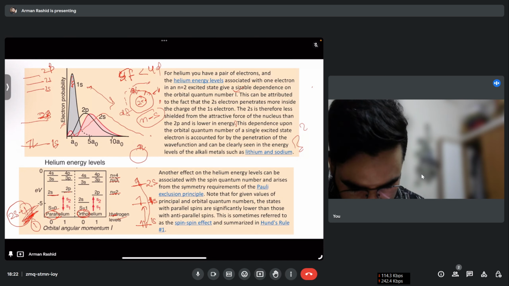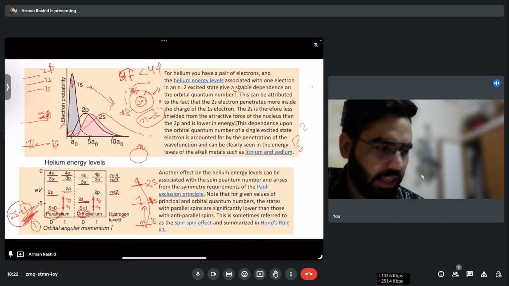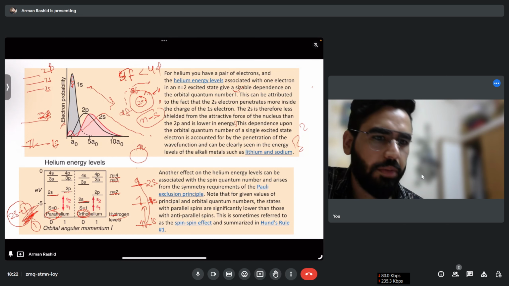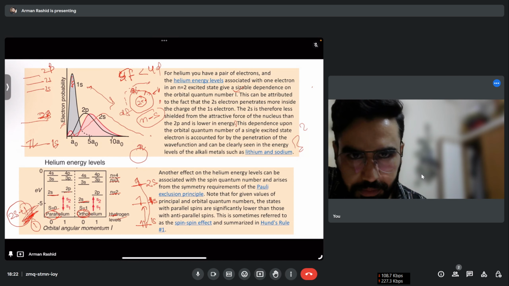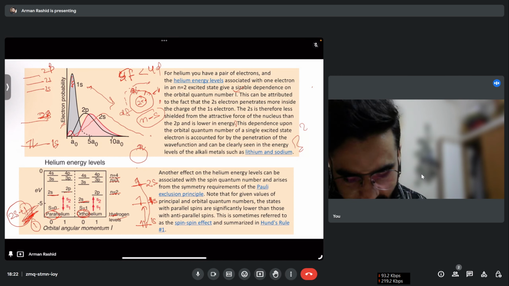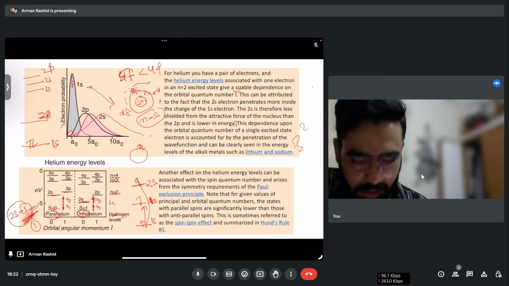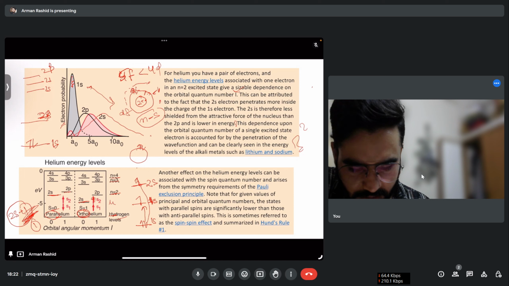If we compare orthohelium, the 2s level is nearer to that of the 1s level. Why? Because of the spin multiplicity. Higher the spin, higher the stability. So this state is more stable as compared to that one, and similarly it affects the other energy levels as well.